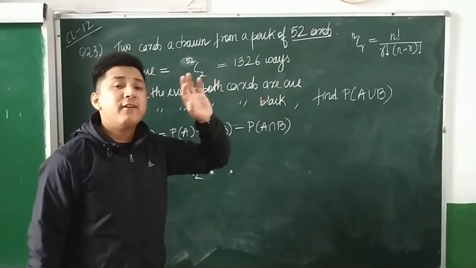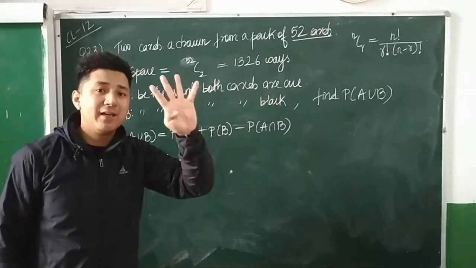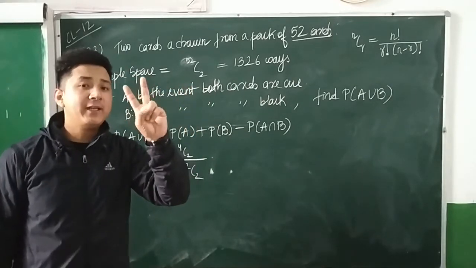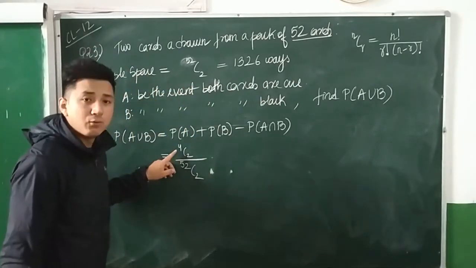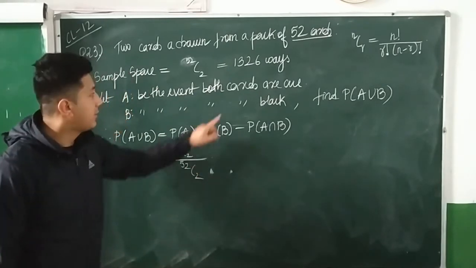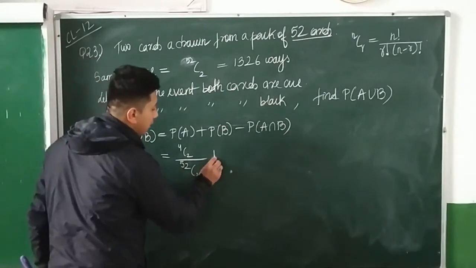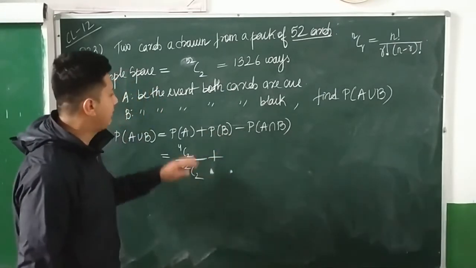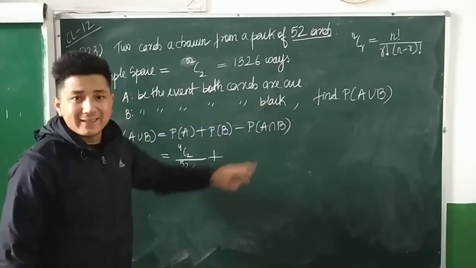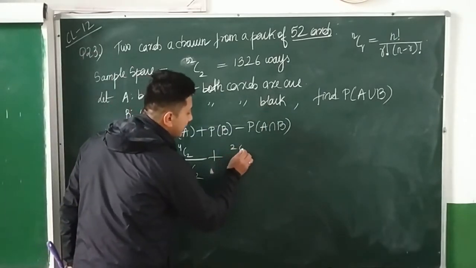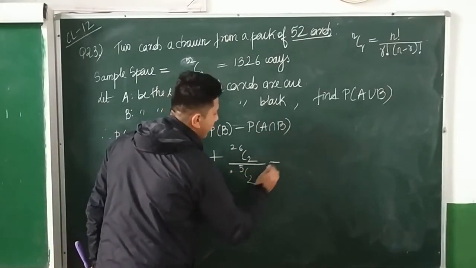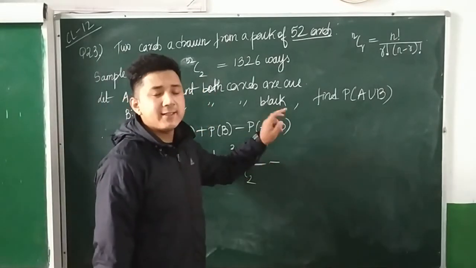There are only 4 aces, out of 4 how many am I taking? 2. So 4C2 divided by 52C2. Plus probability of B. What is the probability of B? How many black cards are there? 26. So there will be 26C2 divided by 52C2, minus probability of A intersection B.